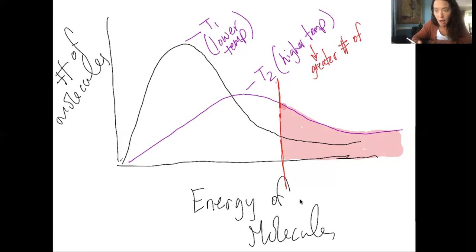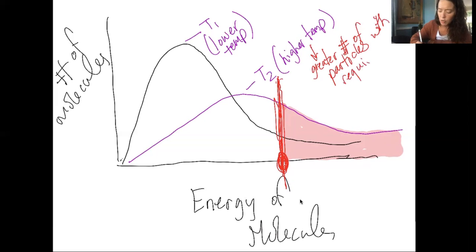The red line represents the energy that's needed. And everybody beyond that line has the energy required. Well, at a higher temperature, we have a greater number of particles with required activation energy, right? Thus, we have a greater likelihood of effective collisions.